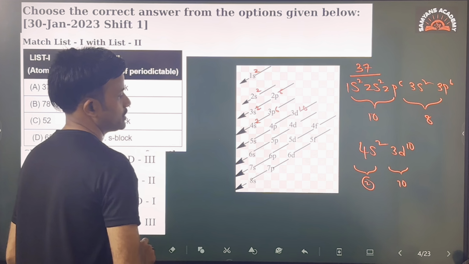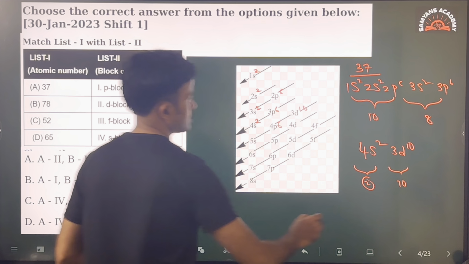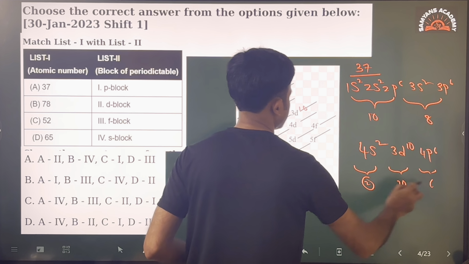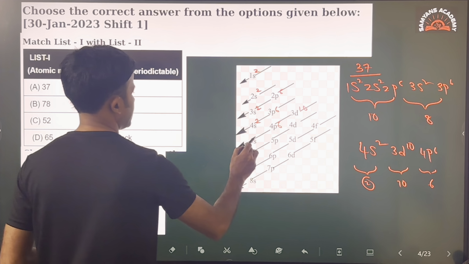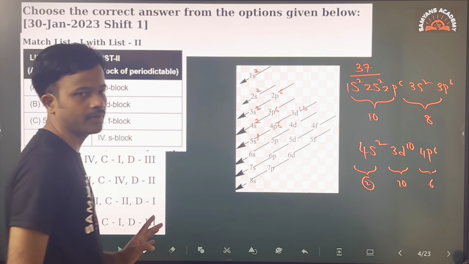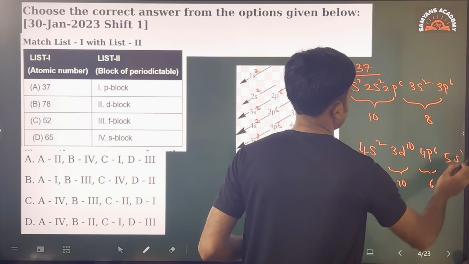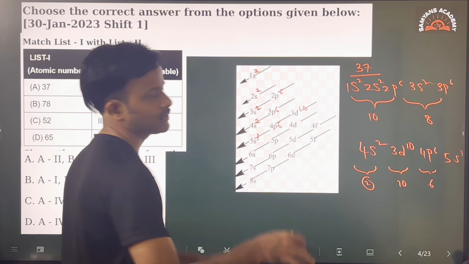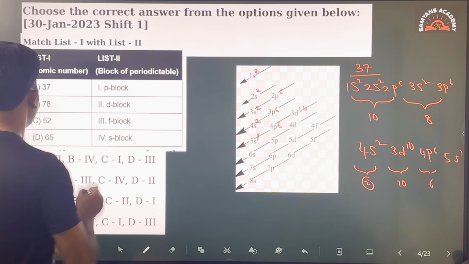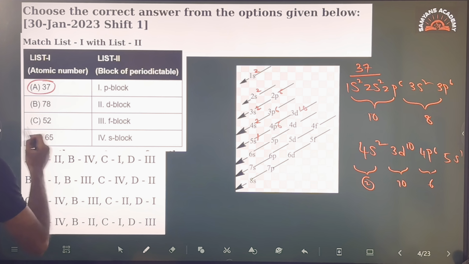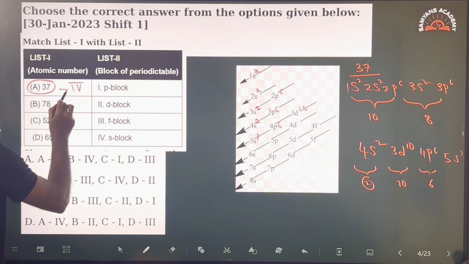Next electrons enter into 4p6, so these 6 electrons make 36 electrons. The next electron enters the 5th orbit, 5s1, which means the 37th electron enters into the s block. So the element with atomic number 37 belongs to the s block, and you have to put 4 here.